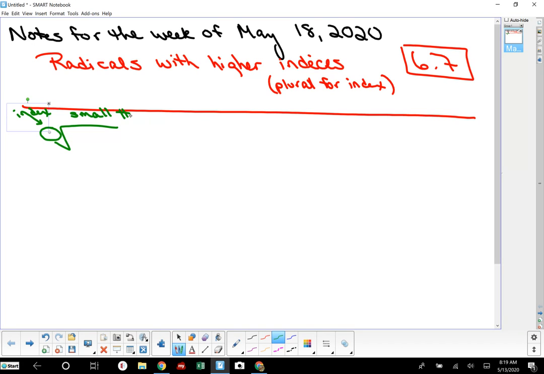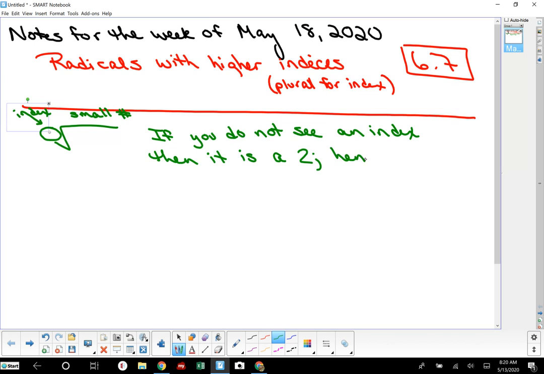And if you don't see a number, if the index is invisible, then it is a 2, hence a square root. If it's any number other than 2, you're going to physically see a number in there.